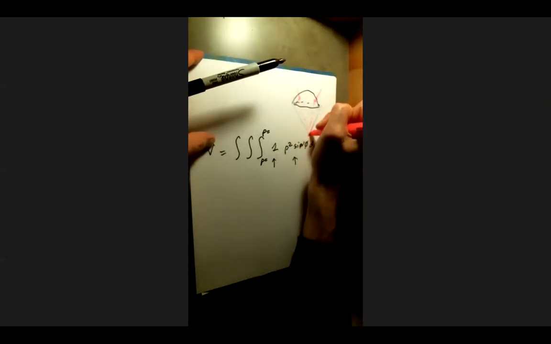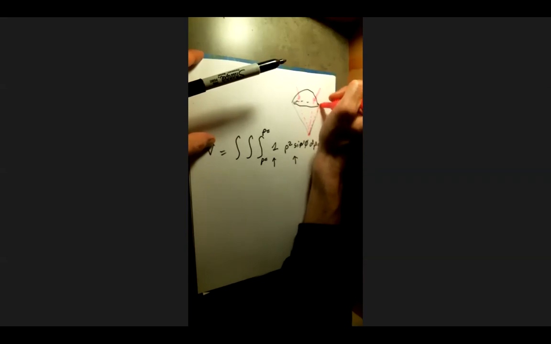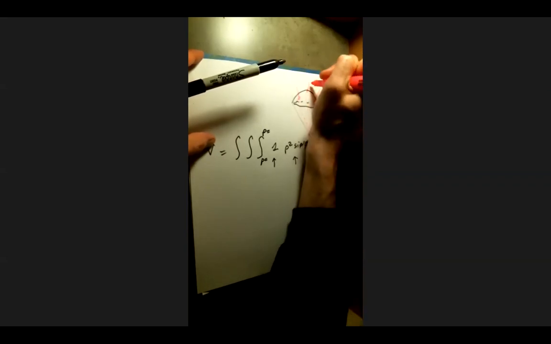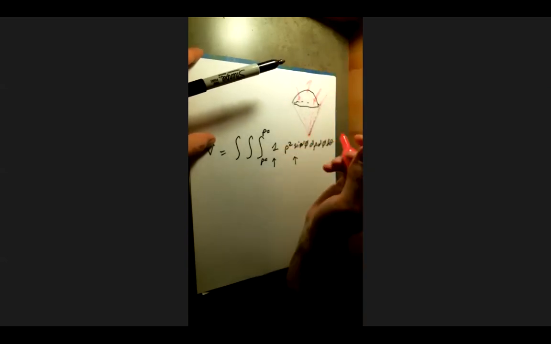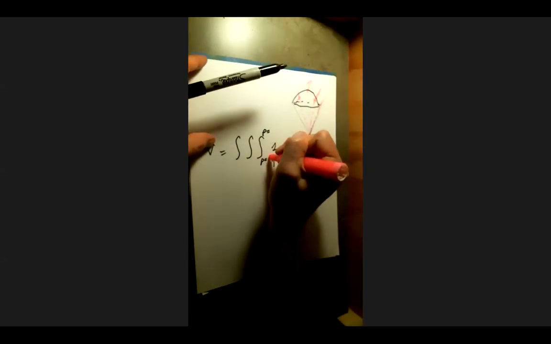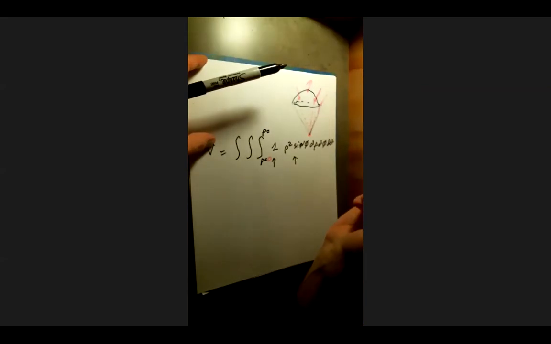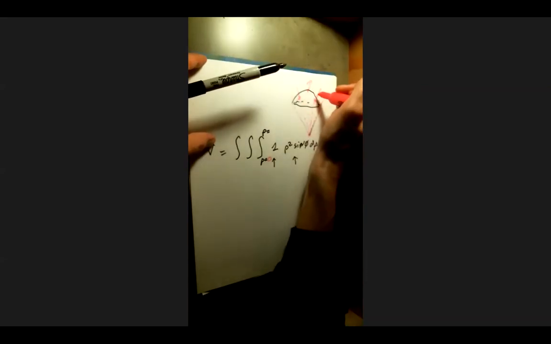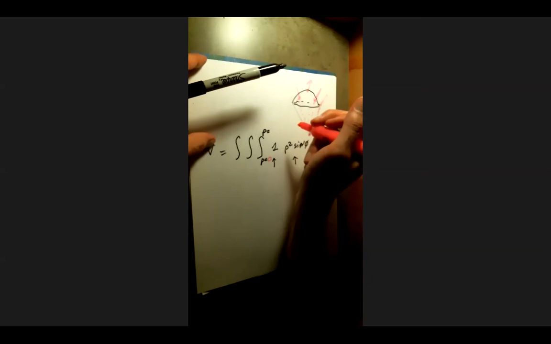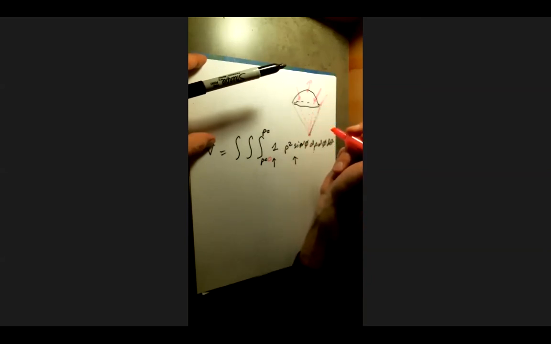Right on the edge, it would just track along the cone, and then comes out. Go up through the middle and pop out. So it's going in at 0 at the origin, and it's coming out at the top of the cone.